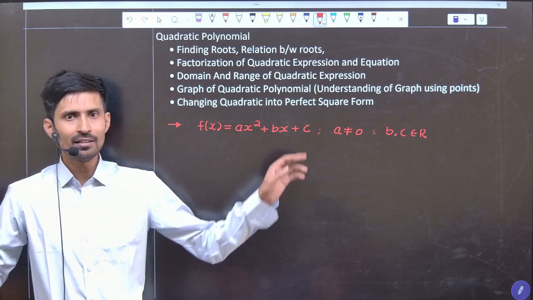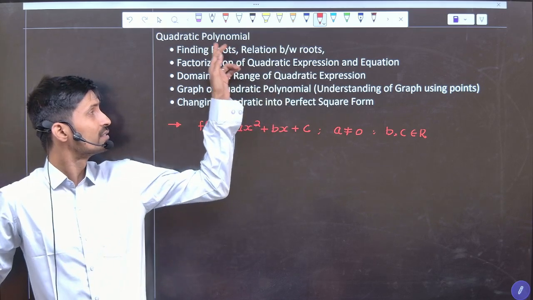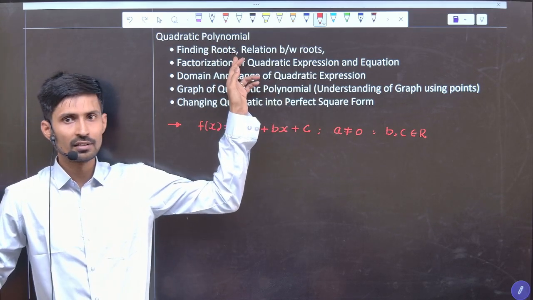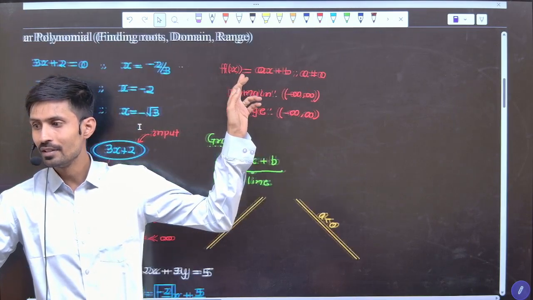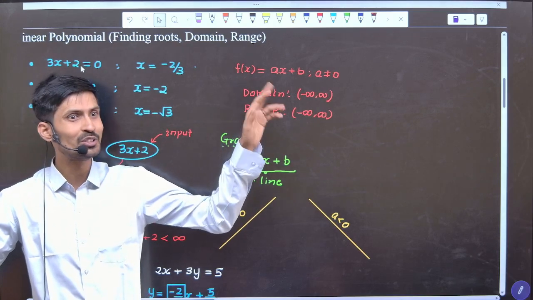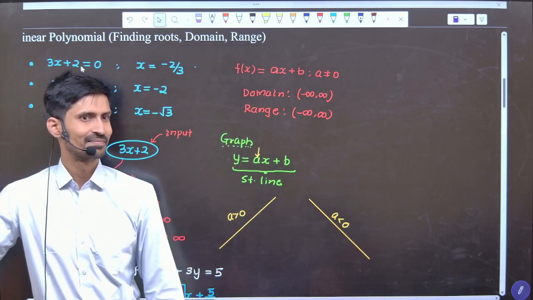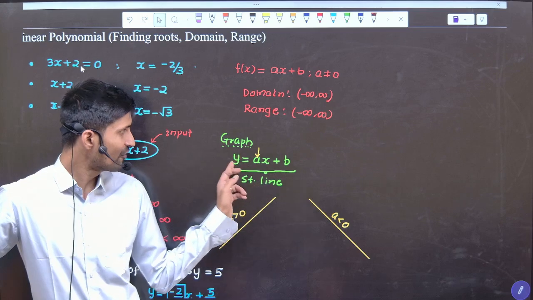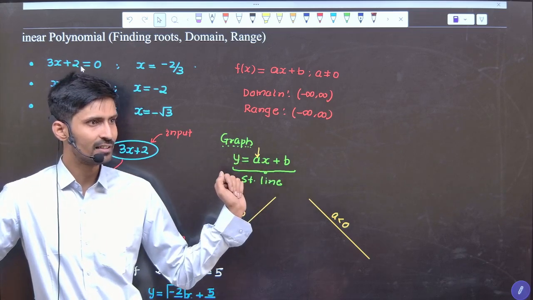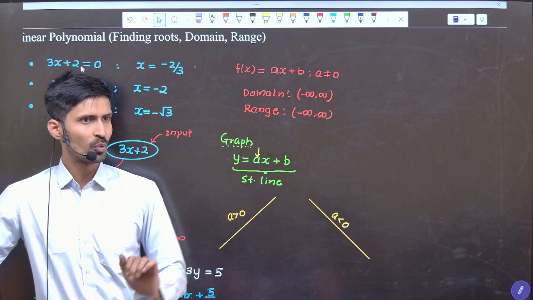Okay, now first of all, see. Do you remember roots? Roots will only come when something equal to 0 is written. If I am writing f(x) = 2x + 3, that also we can define for root.